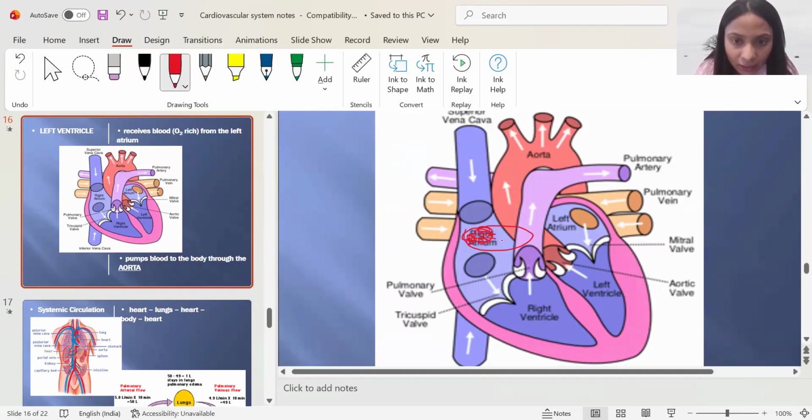In the muscular layer of the right atrium, there are certain cells. Actually, your whole heart is made up of a special tissue known as myocardial tissue, and it has specialized cells known as the SA node and the AV node.